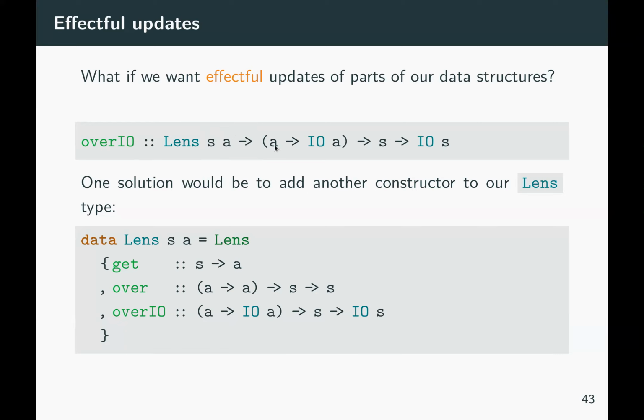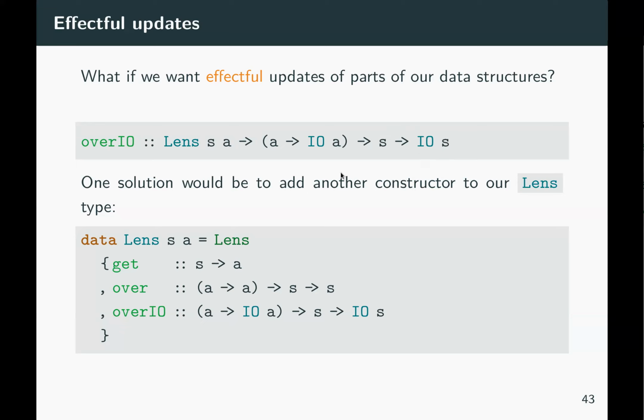So for example, in IO, instead of something from A to A, we have something from A to IO A. Then of course we can't expect to get an S again. What we can hope for is to get an IO S again. And that would be nice to have.